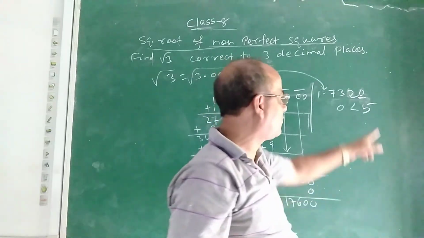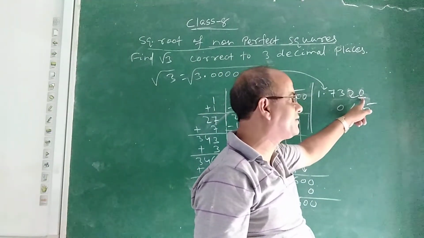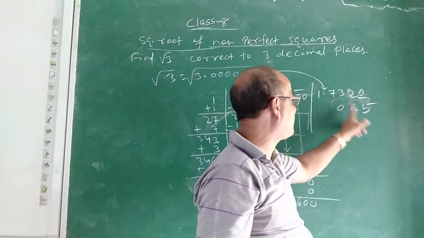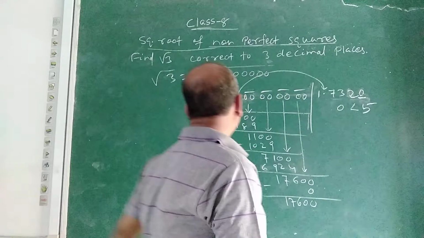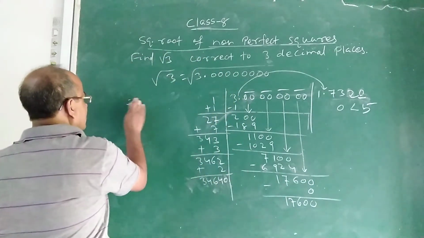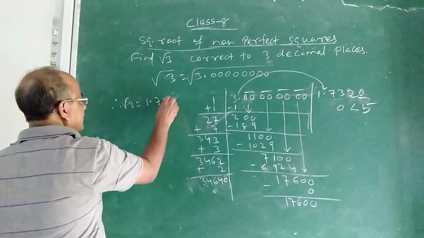The 4th place is 0 and 0 is less than 5. So the answer will be 1.732. Okay.